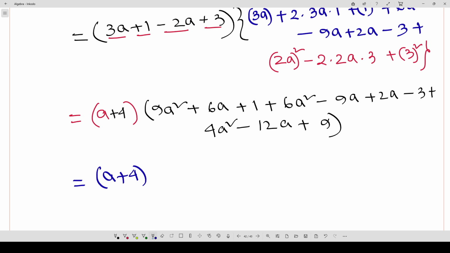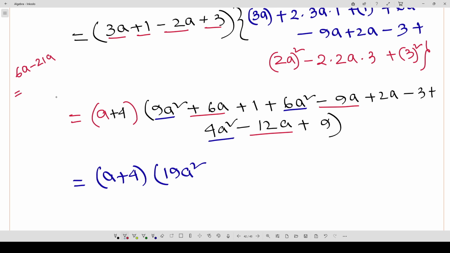And how about here? 9a² plus 6a² is 15a², plus 4a², so we can say 19a². Next, 6a, and here is minus 9a minus 12a, which means minus 21a.